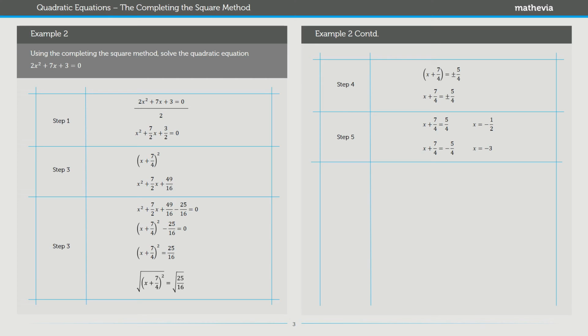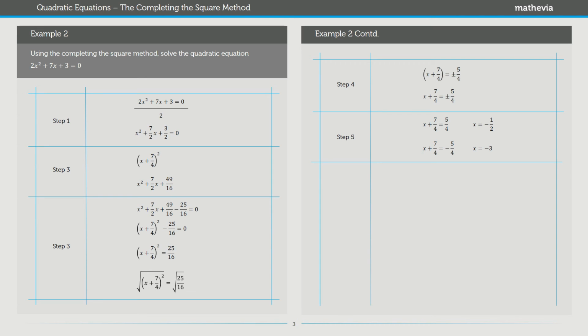Okay, so our perfect square expression is x squared plus 7 over 2x plus 49 over 16, but what we have is x squared plus 7 over 2x plus 3 over 2. So the difference is usually just in the last term. All right, and then if you write that out, you'd have x squared plus 7 over 2x plus 49 over 16 minus 25 over 16.